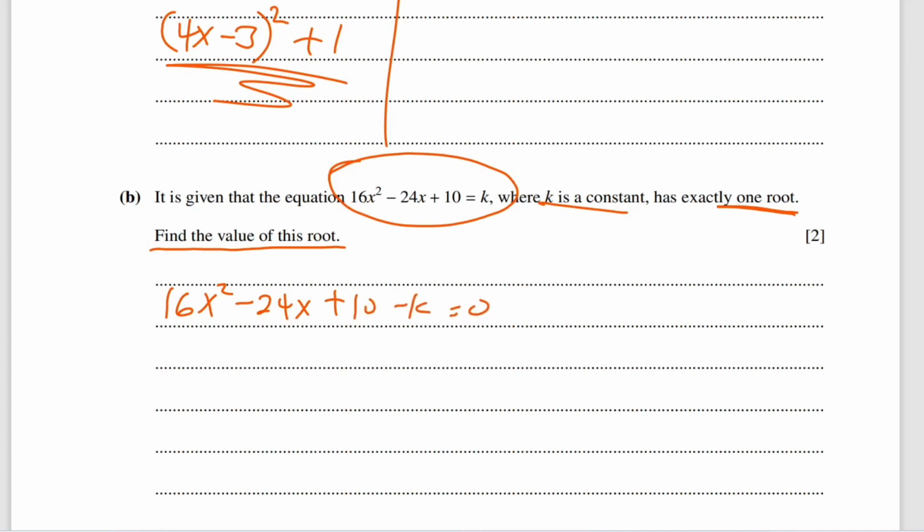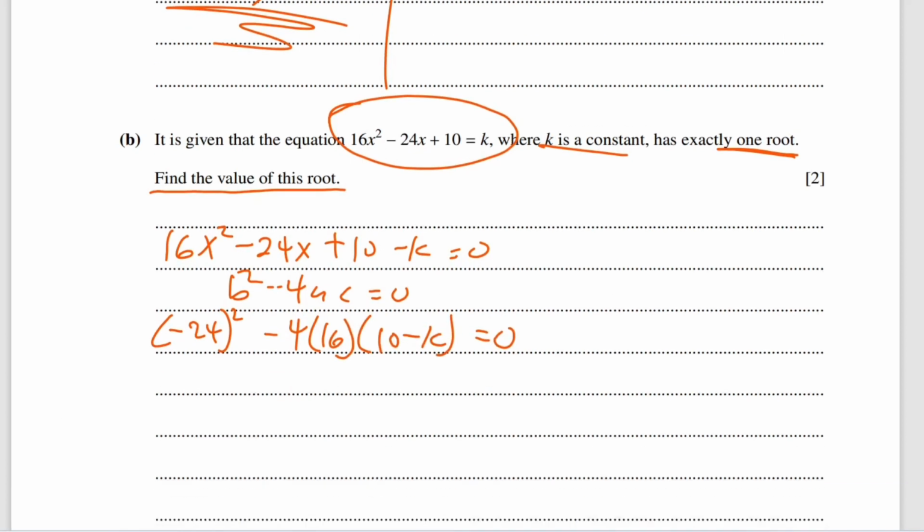All right. And then you say that, well, since it has only one solution, then this is tangent. So the discriminant is going to be like this. All right. And then you can do your 24 square minus 4 into a into c, which is equal to 0.